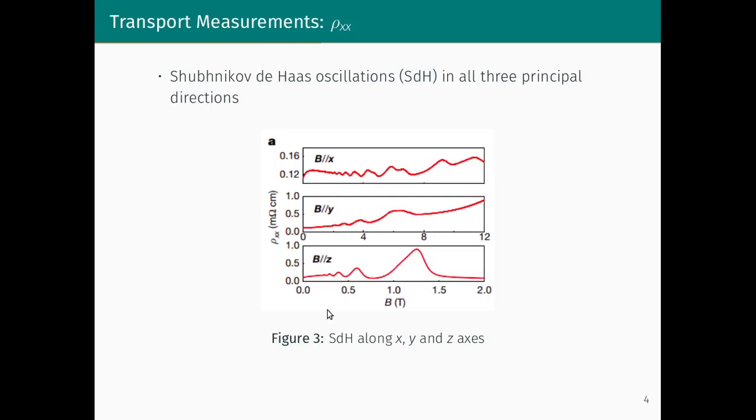So let's start with the measurements of rho xx with respect to the magnetic field. As you could very well see, when the magnetic field is pointed in the 3 different principal directions, x, y and z, we see periodic oscillations in rho xx.